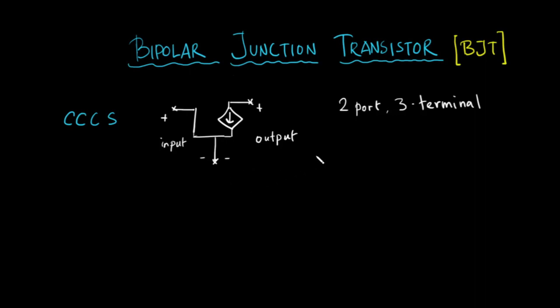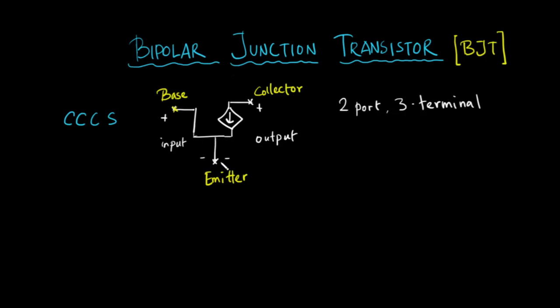Simple enough. The 3 terminals that we see in a BJT have specific names. This terminal is called the base, this terminal is called the emitter, and this terminal is called the collector.